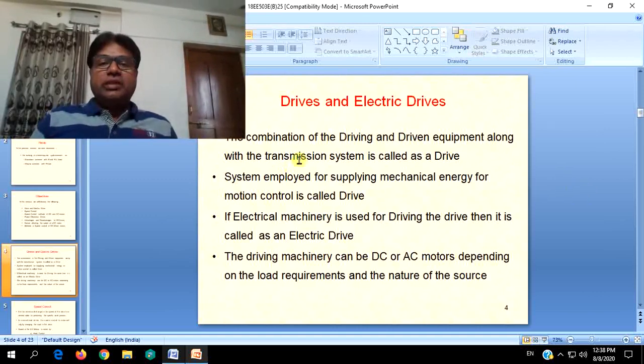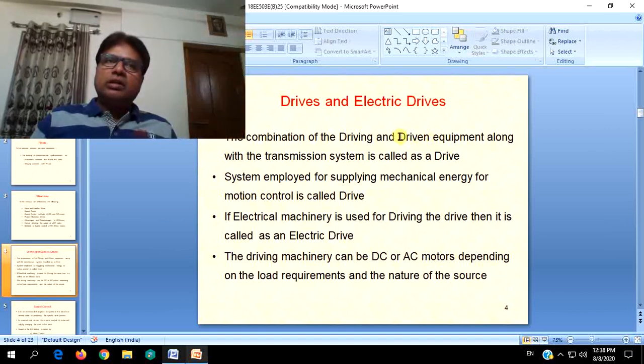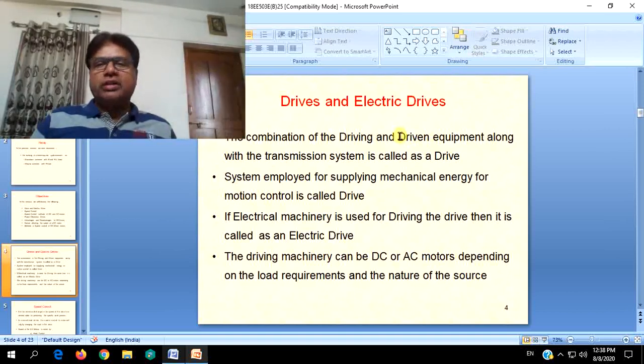So, drive is nothing but a combination of driving and driven equipment along with the transmission system. And this can be a totally mechanical thing, where driving equipment can be a turbine or an IC engine, that is internal combustion engine, or an automobile, or any rotating equipment which can move the load in the given fashion. And this load obviously will be a mechanical load which may be rotating or linear.